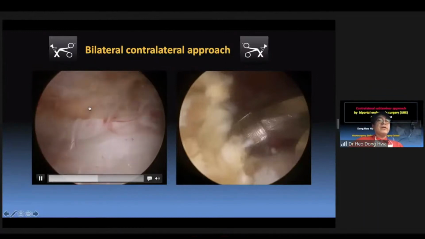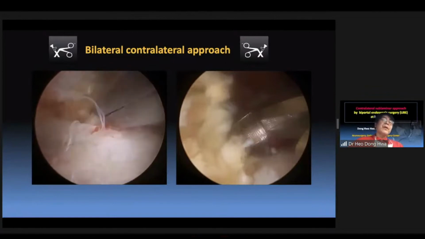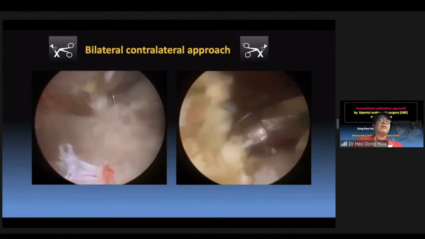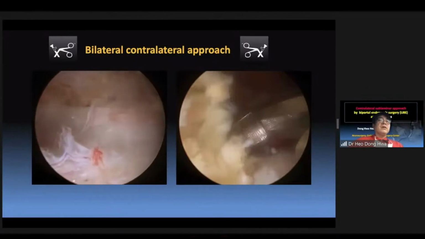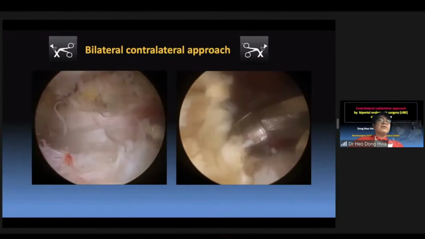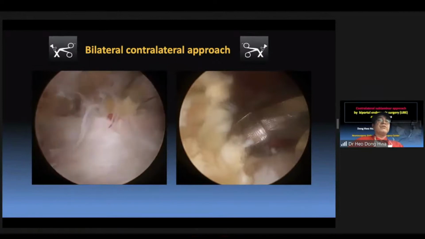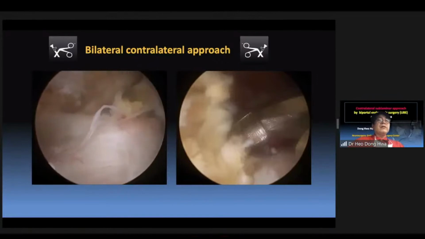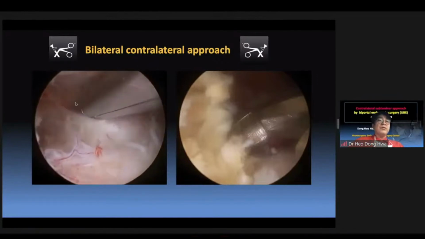So I did a dissection of the foraminal disc herniation from the external lobe root, and I carefully removed the foraminal disc herniation and adhesion tissue first. The ruptured disc herniation severely adhered to the L4 external lobe root. I can remove the foraminal disc herniation without any injury of the external lobe root.